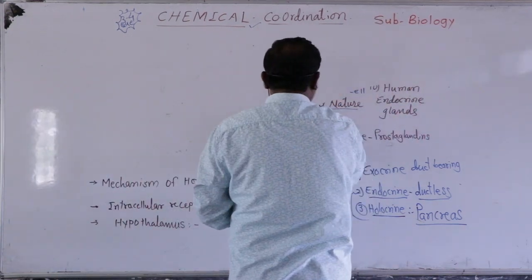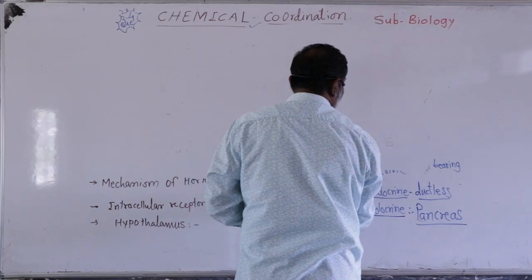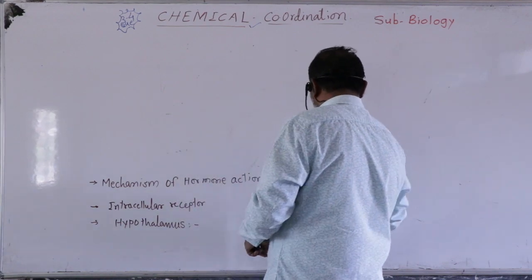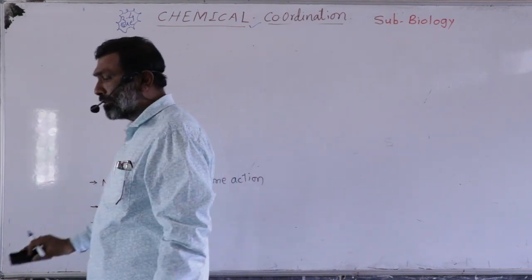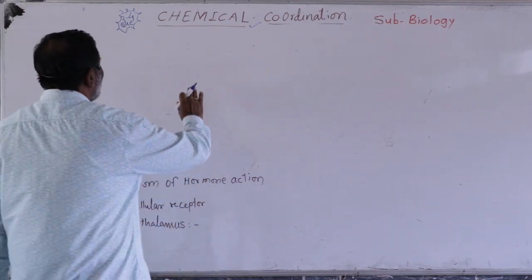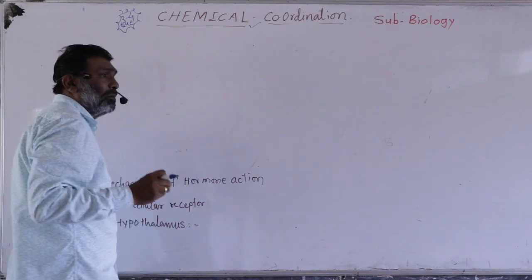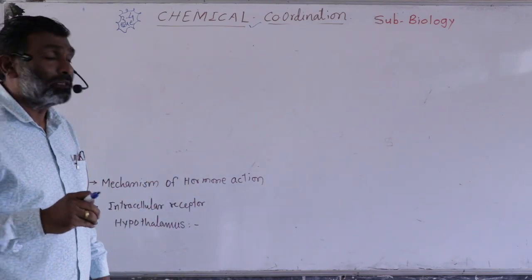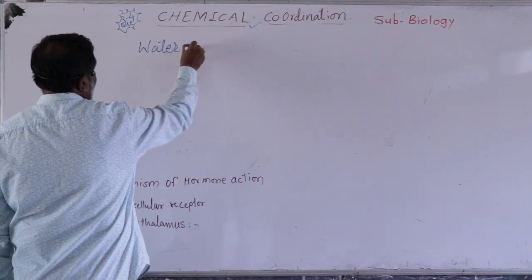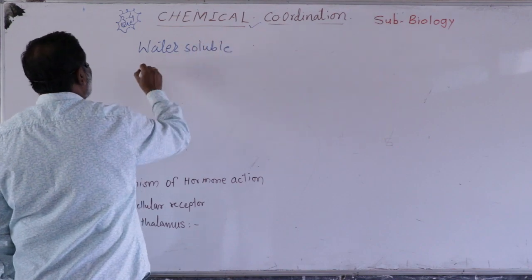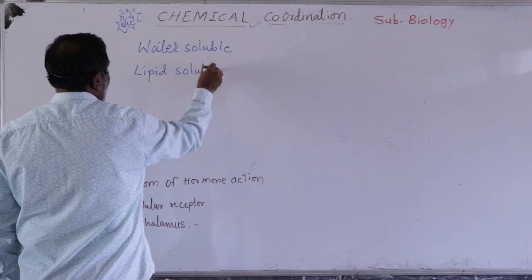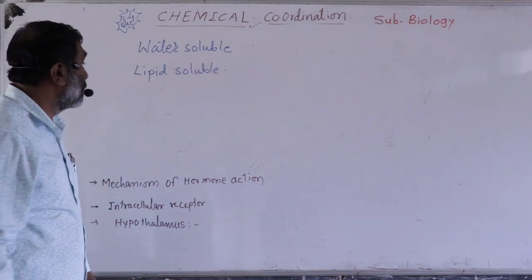The mechanism of hormone action depends on the nature of the hormone, which we have to study first of all. There are two types of hormones on the basis of their solubility. Some hormones are water soluble, whereas some hormones are lipid soluble. This is the basic point, remember that.